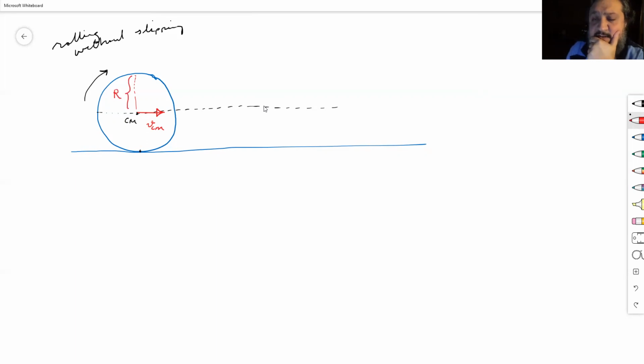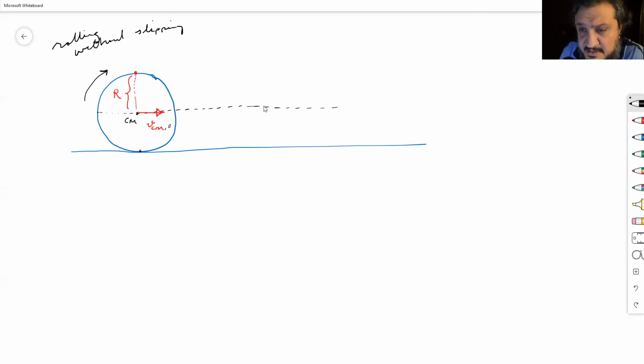So a point on the rim, let's say, this is our ith particle, right? Now this point will have a velocity with respect to the ground. Let's keep those indices, okay?